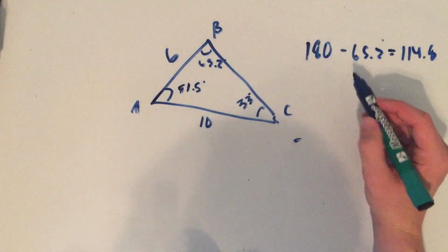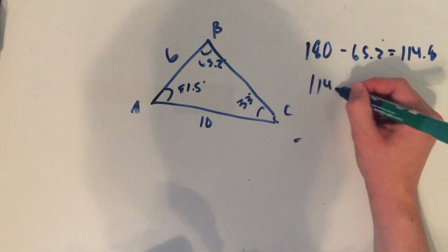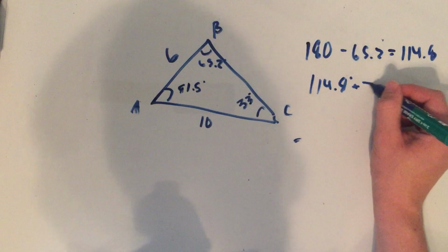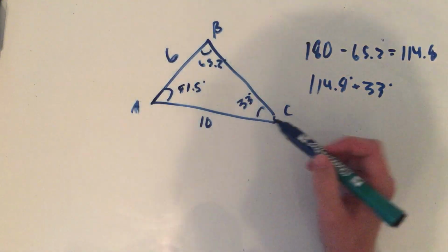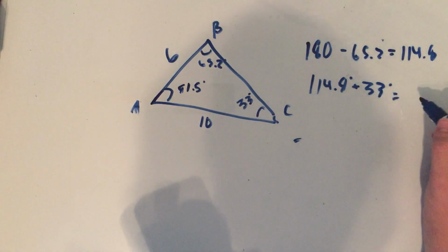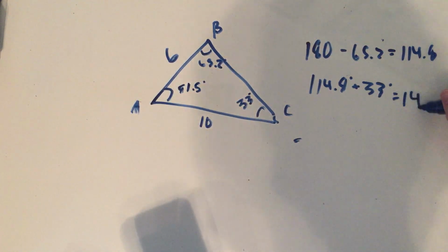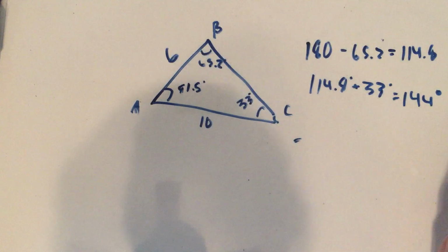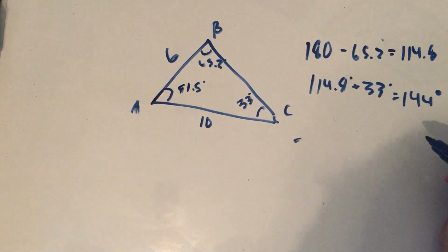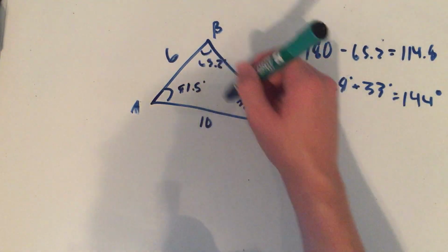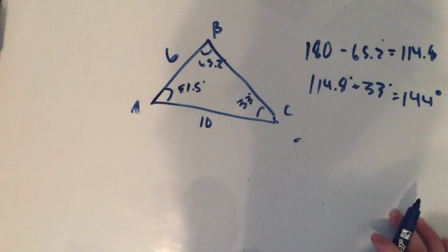Now, to test whether this triangle will work, we do 114.8 degrees plus 33 degrees, because that's the angle we're given that has to stay. And if this is below 180, which it is, 147.8 to be exact, we know the next triangle is possible because we have three angles that can add up to 180.